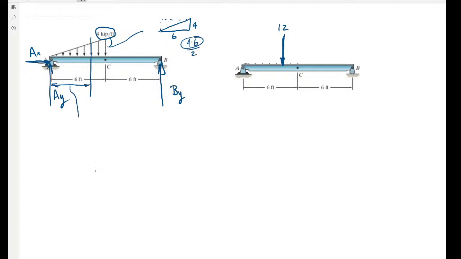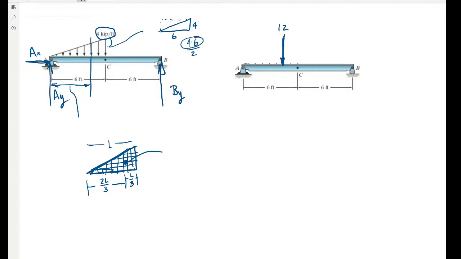In other words, if I had a bunch of bricks stacked and the bricks were such that they were homogeneous, meaning each one weighed the same, and I stacked them like this, then the center of weight, if this was of length L, it would be L over 3 from the heavy end and 2L over 3 from the light end.